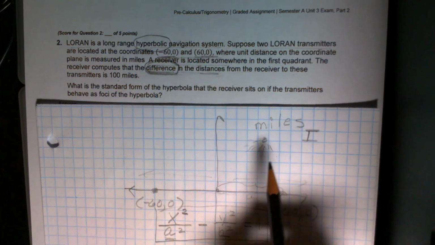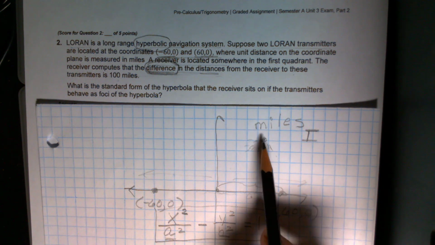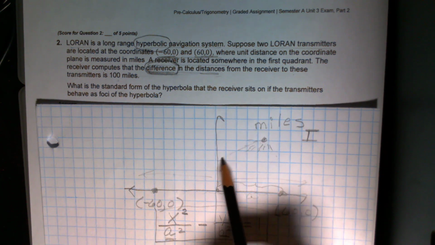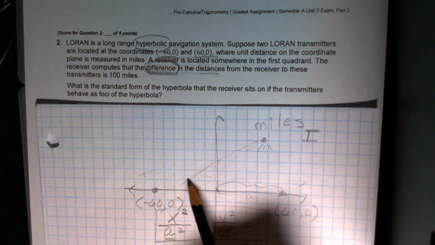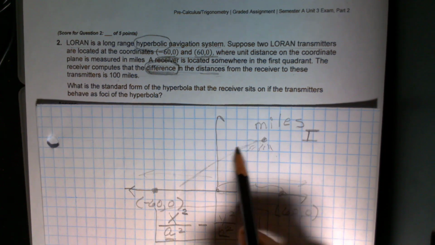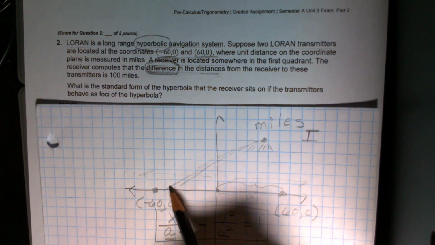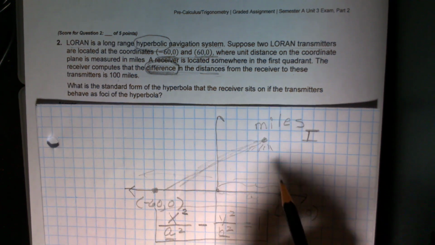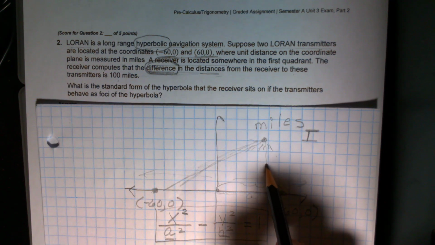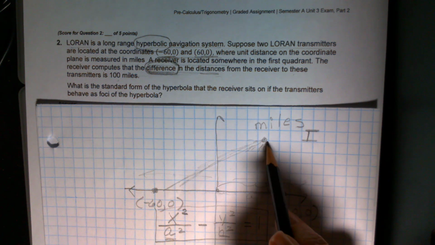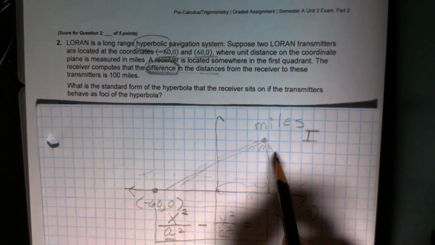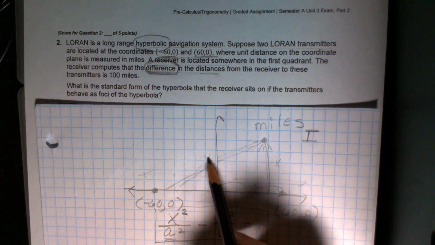Alright, so this transmitter gives us some more information. It's going to be shooting out signals, and we'll have a distance from here to here. So 10, 20, 30, 40, 50. It's going to be measuring from here to here, and from here to here, and I'll show you how I know that in just a minute. And then this distance, we'll call this x and we'll call this y.